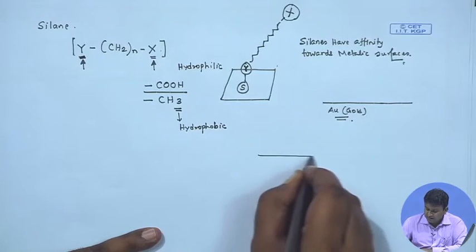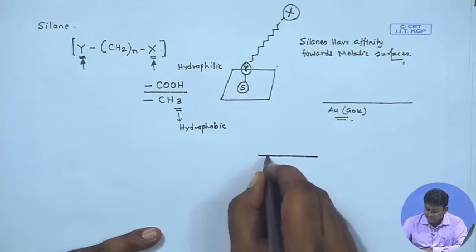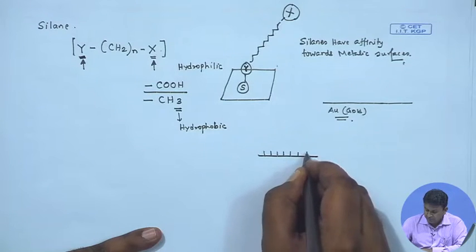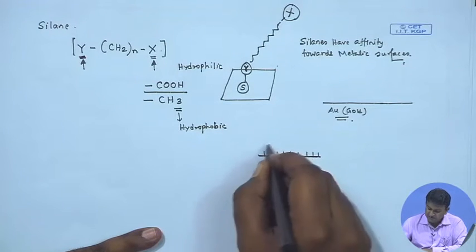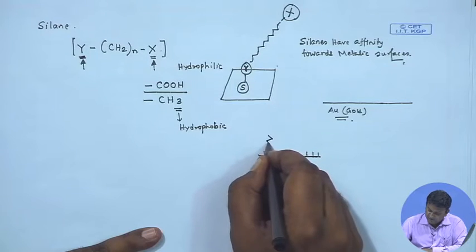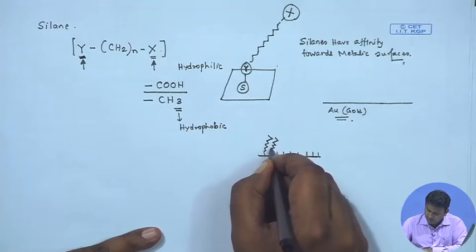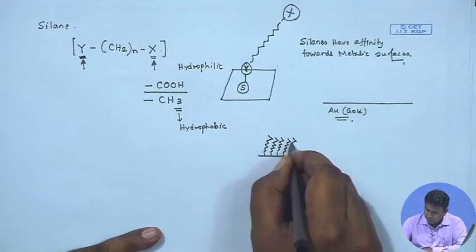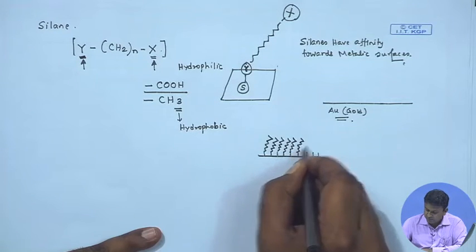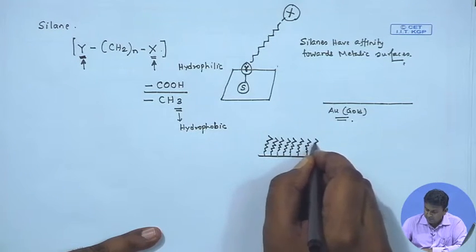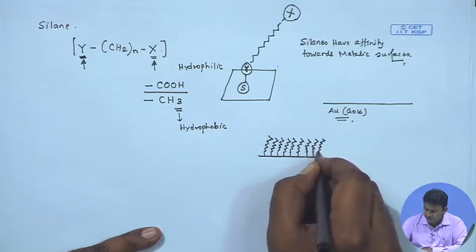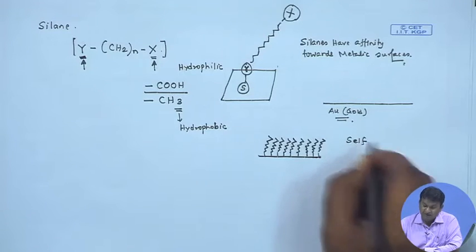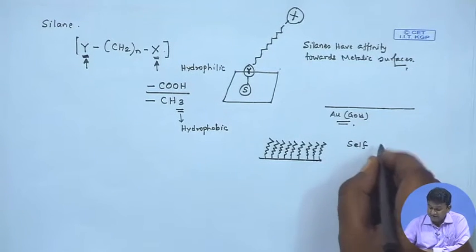So, what is the consequence? Consequence is that if you have a surface like this, over which the silane molecules attach very closely, depending again on the concentration and things like that, the surface is now fully covered with a layer of these silane molecules. And what determines this covering? It is a self assembly process, just like the formation of surfactant micelles.